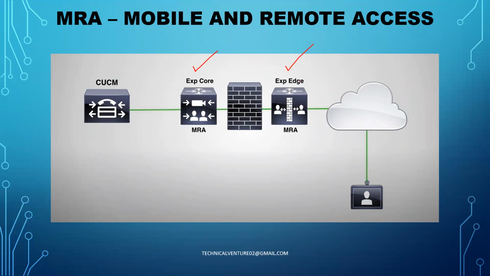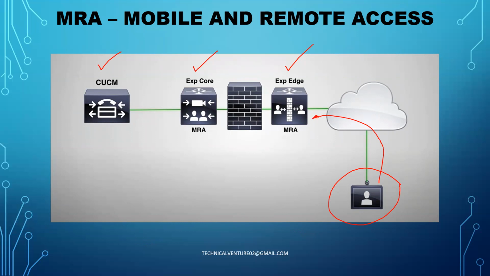So you can see Expressway Edge and this Expressway Core, you have a firewall in between them as well, and you have CUCM as well, and this is your video endpoint, that is EX, MX, any series video endpoint. So as soon as it connects, it will go to this Expressway Edge.